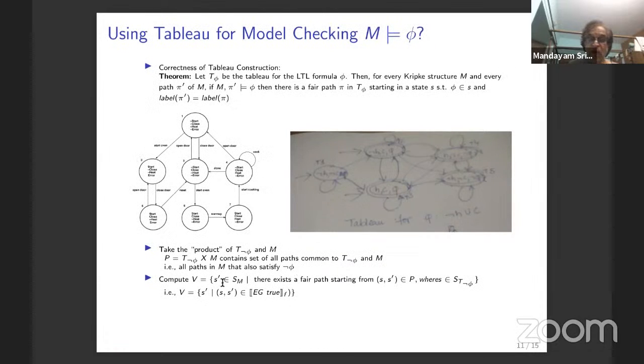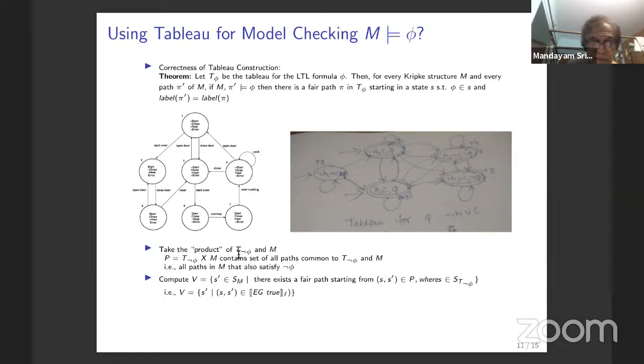Then, of course, you have to filter out all the non-fair paths. So now you compute all the states in this product machine that are fair. That is, you only consider those paths originating from any state here that are infinite and fair. And you take the second component.